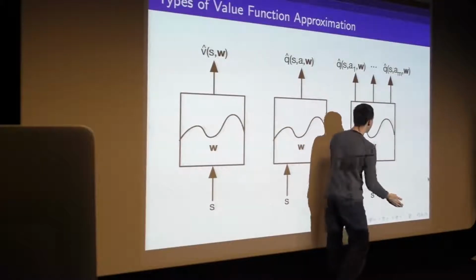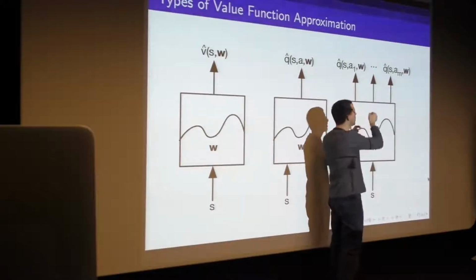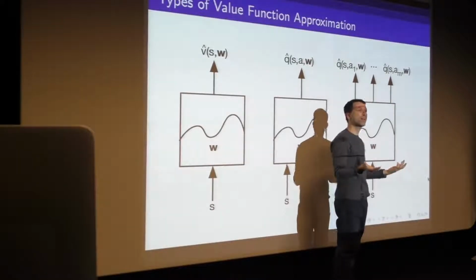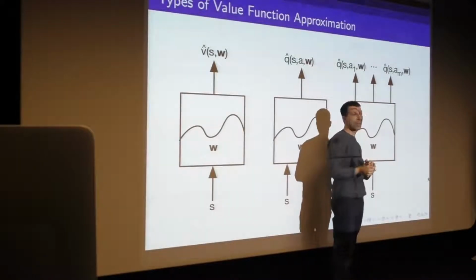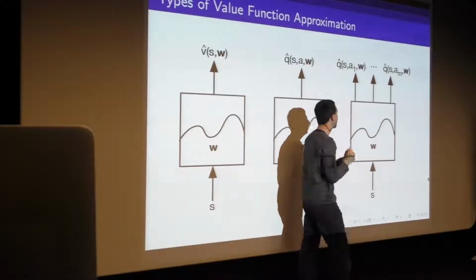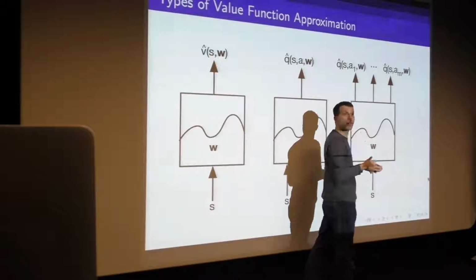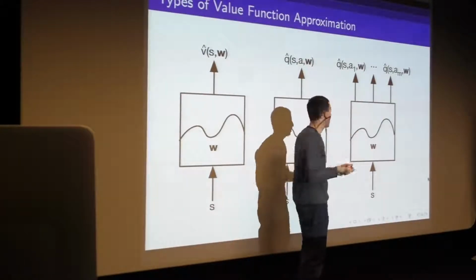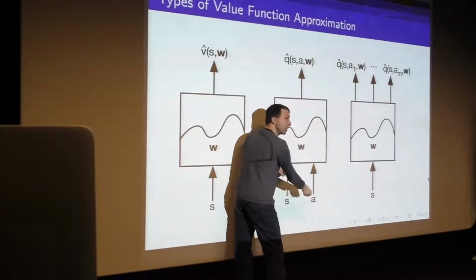The advantage of this is that in a single forward pass, this thing can spit out the values of all the different actions. We use this in Atari, for example. In one forward pass, we can say how good it is to move the joystick left, right, up, down, or press the fire button. Just in one forward pass of your neural network, you get all of the information required to make a decision. You don't have to feed it back in with different actions again and again and again.